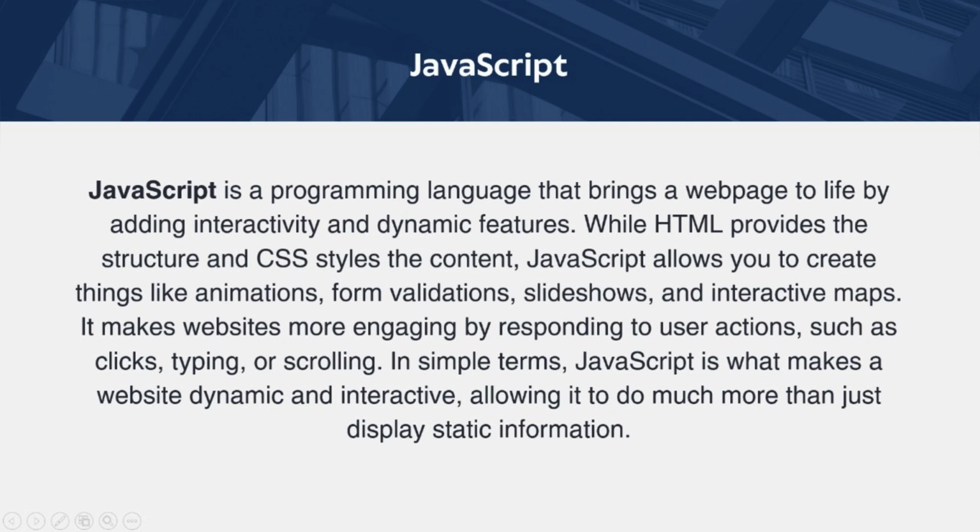It makes websites more engaging by responding to user actions such as clicks, typing, scrolling. In simple terms, JavaScript is what makes a website dynamic and interactive, allowing it to do much more than just display static information.